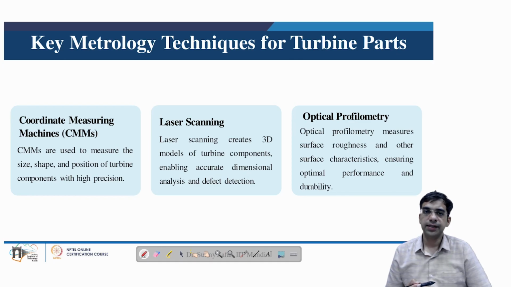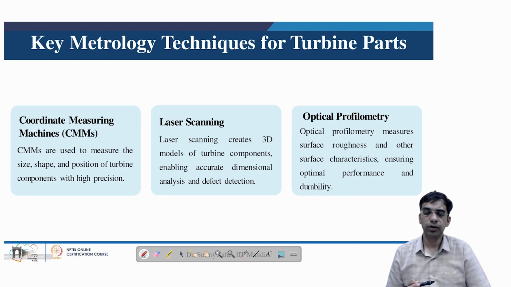Then we have laser scanning. Laser scanning is important basically to create three-dimensional models of turbine components, ensuring accurate dimensional analysis and defect detection in the turbines. Especially laser scanning is very helpful when we are interested in creating digital twins of such turbines to analyze the turbine completely before the actual manufactured turbine goes into service.